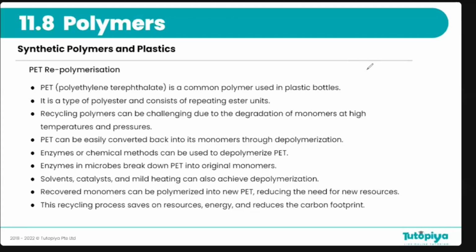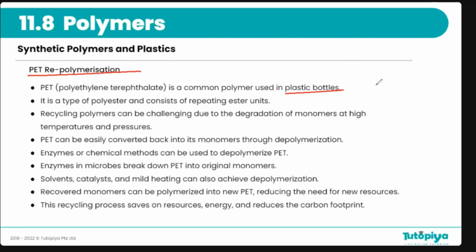On the same topic of recycling of synthetic polymers, there's a special type of polymer called PET. PET can be repolymerized. What does this mean? PET stands for polyethylene terephthalate. Now, this is a very common polymer that we use in plastic bottles.